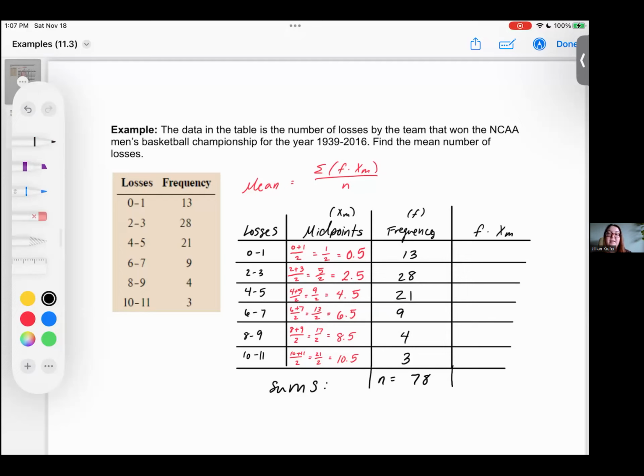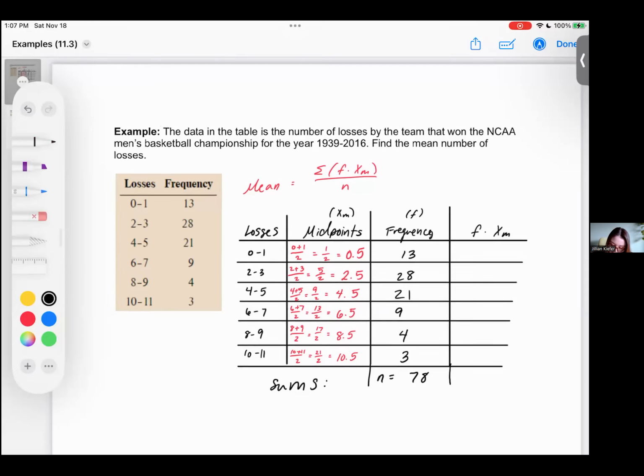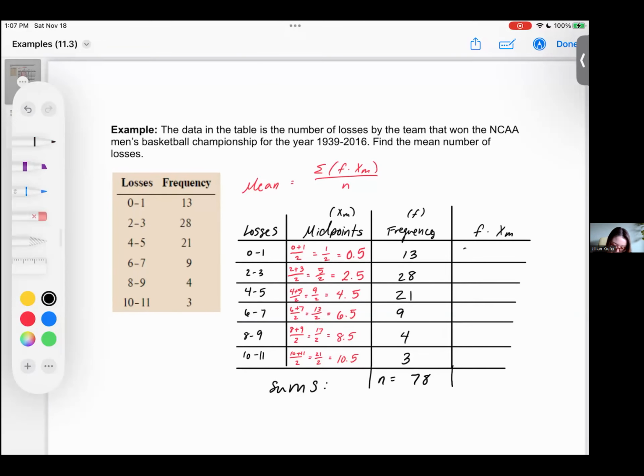Now we're going to go ahead and multiply the midpoints and the frequencies. So for each one of these, we'll take our midpoint, which was 0.5. Don't need parentheses on there. 0.5 times 13 is going to give us a value of 6.5. Then we'll do 2.5 times 28, which will give us 70.